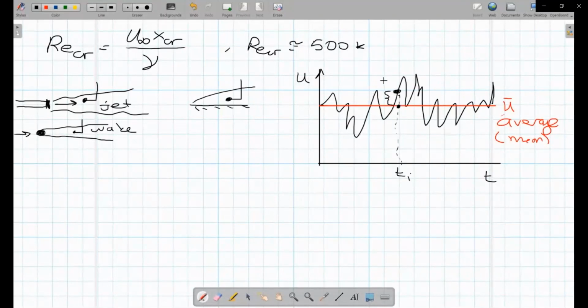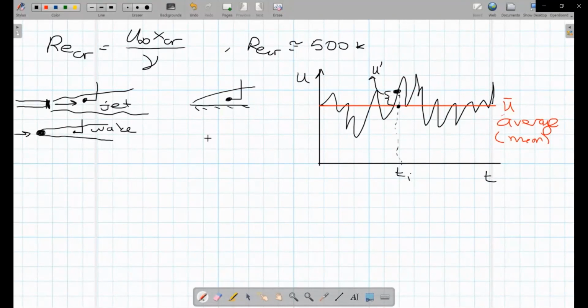The difference between them, we generally designate it with u, but with a prime. So that's the difference between the average at that time instant and the actual velocity, which we call the instantaneous velocity at that time instant.